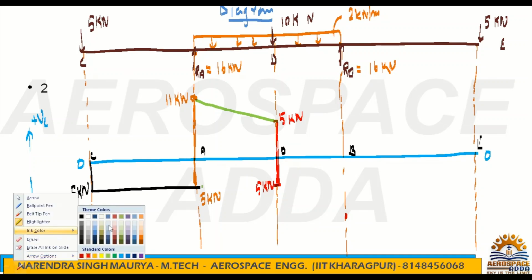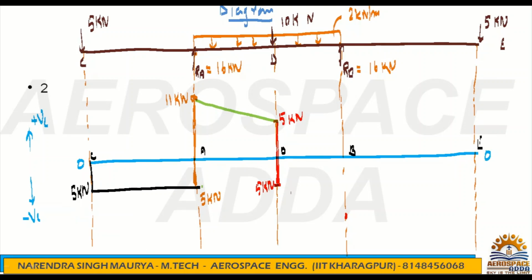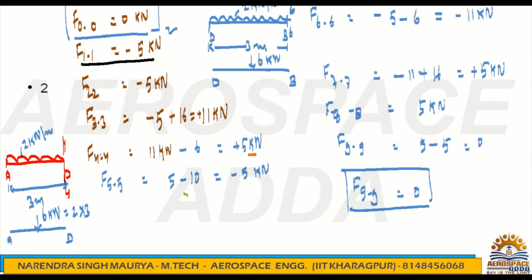So we can draw by the dark line, because this is also UDL and this is also UDL. Whenever you get a UDL, you will have an inclined line. Whenever you have a point load or there is no load, then it is straight in the case of the SFD, shear force diagram. This again becomes 11 kilonewton. What is this line? It's the 6-6 line.